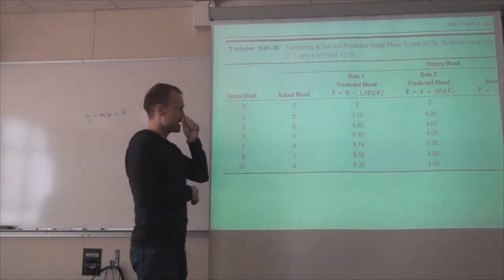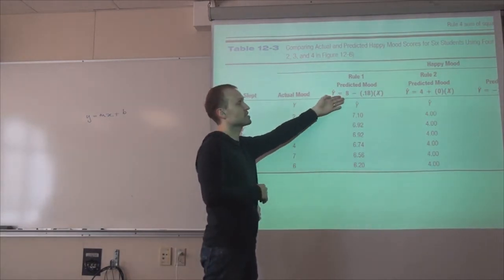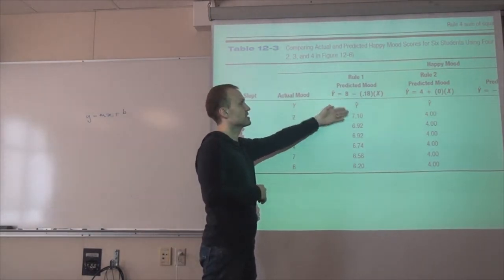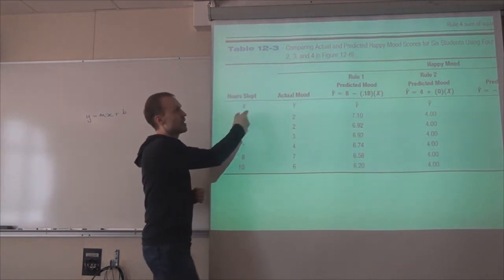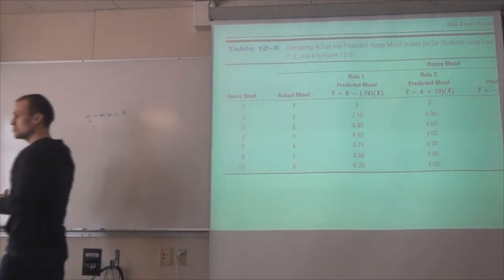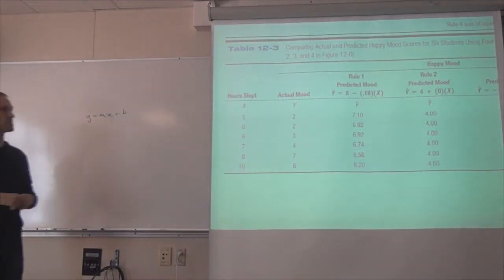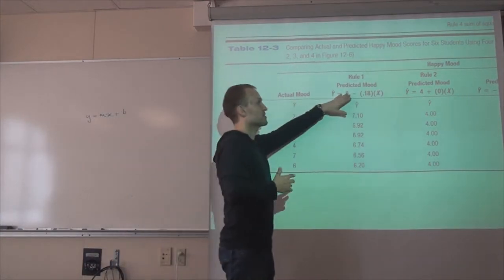So one thing that I could do is look at what my prediction rule says, given the number of hours slept. What does this rule say is the predicted mood for a person that slept this many hours? So some might be more accurate than others.